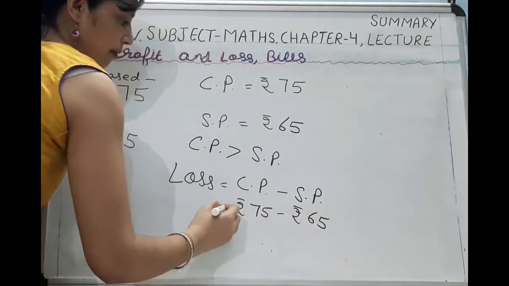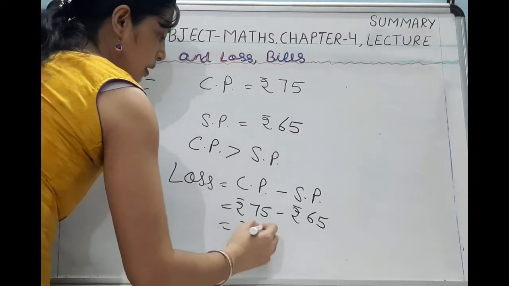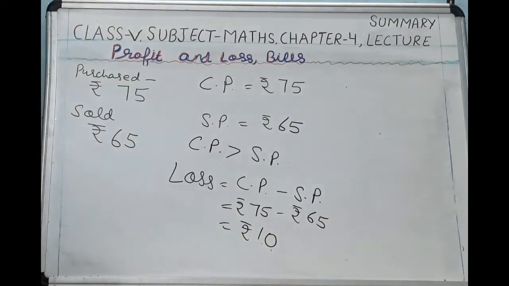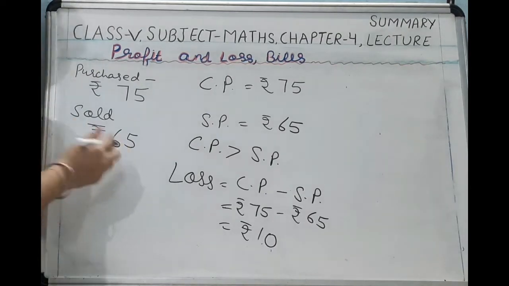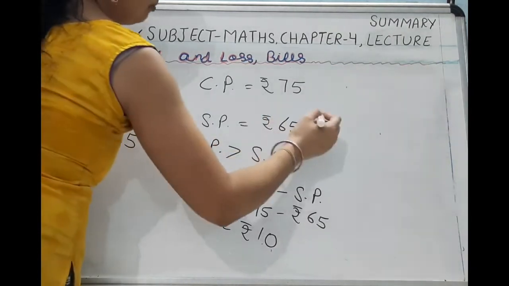Rupees 75 minus rupees 65. So in this deal, I have the loss of rupees 10. Right? And in the previous deal there was a profit of rupees 5. Understood?